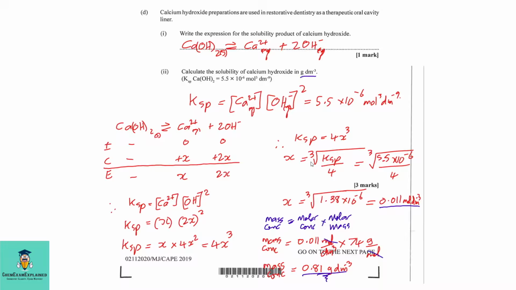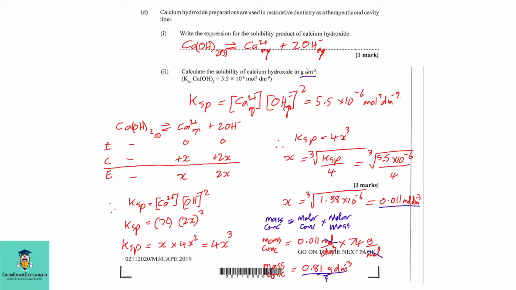So x is equal to the cube root of the KSP value divided by 4, which is equal to the cube root of 5.5 times 10 to the minus 6 divided by 4. x is equal to the cube root of 1.38 times 10 to the minus 6, which works out to be 0.011 moles per dm cube. So our solubility is 0.011 moles per dm cube in terms of our molar concentration.